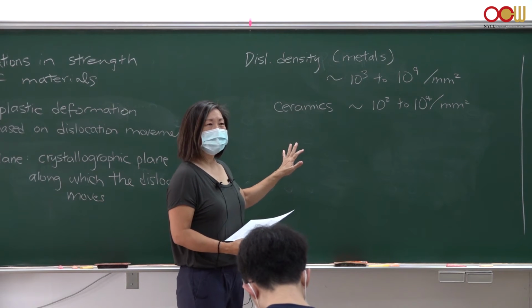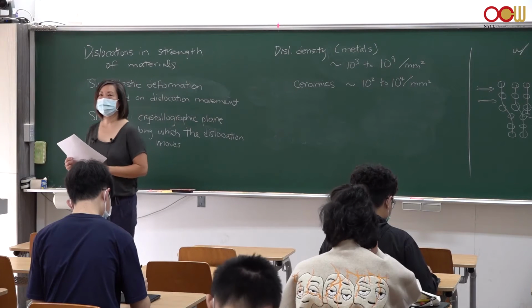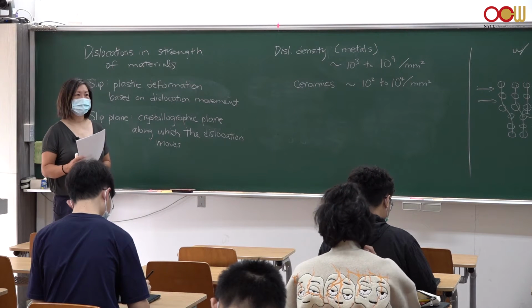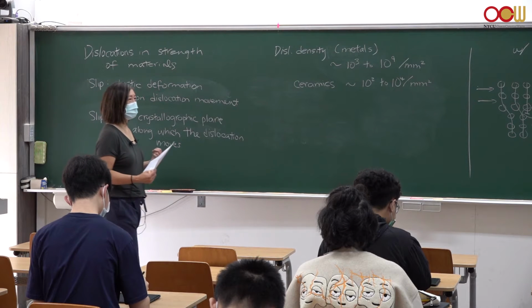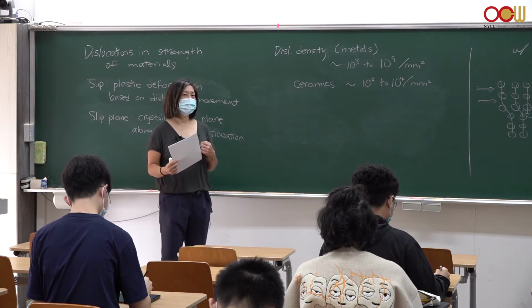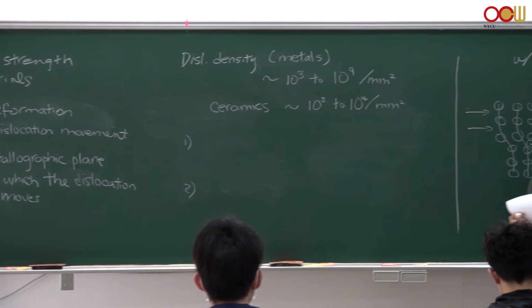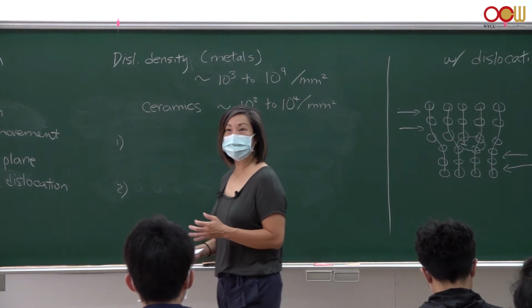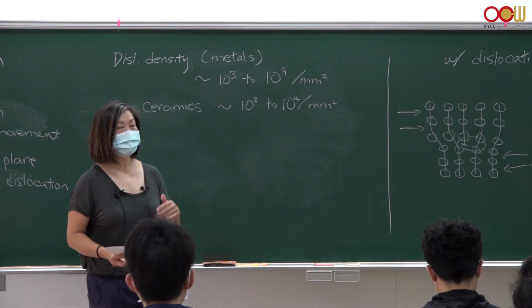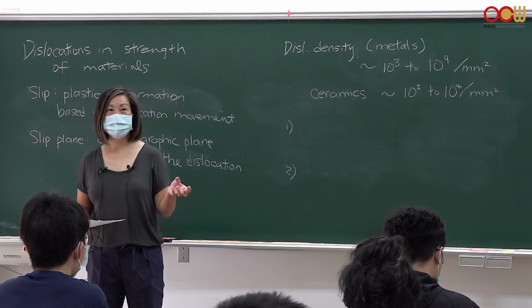Any ideas why in ceramic materials you would likely have fewer dislocations compared to metals? There are two reasons why ceramics might have fewer dislocations than metals would. Stronger bonding. Yes. Ceramics typically have either ionic or covalent bonds, which we know have localized electrons and very, very strong bonds.